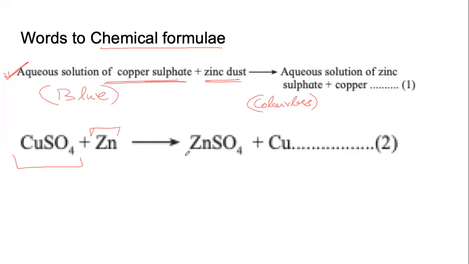Zinc sulfate, ZnSO4. Copper is Cu. We need to know elements, compounds, molecules, atoms, and valency. We should be able to form the molecular formula. Only then will we be able to write the chemical equation.